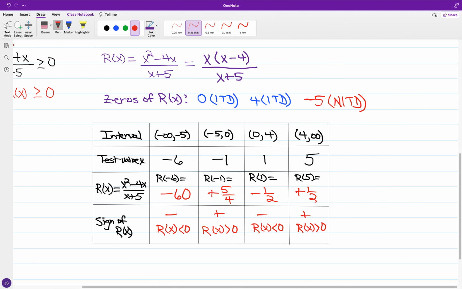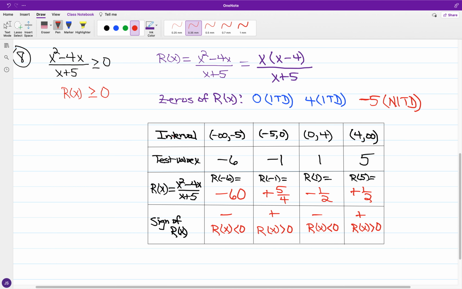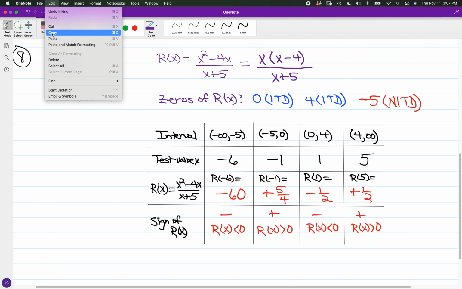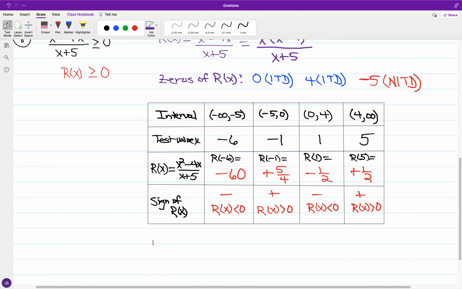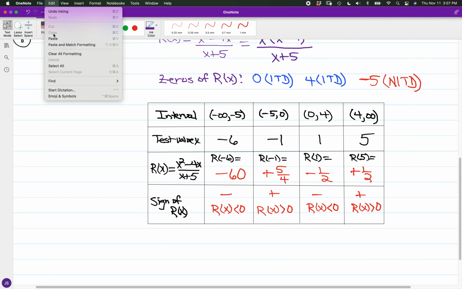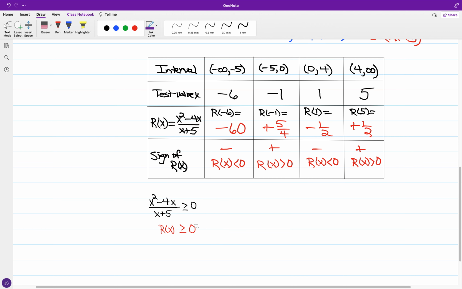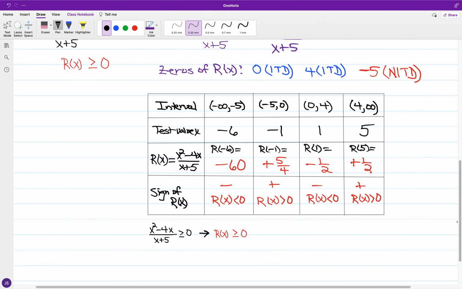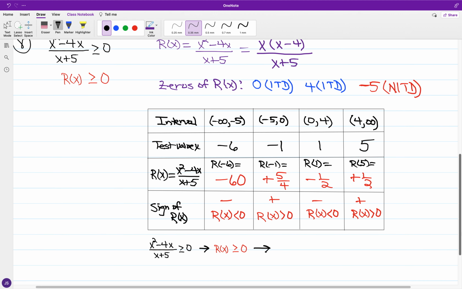And just reverting to the original inequality, this is already a comparison to zero inequality, and we're looking at where the function is greater than or equal to 0.